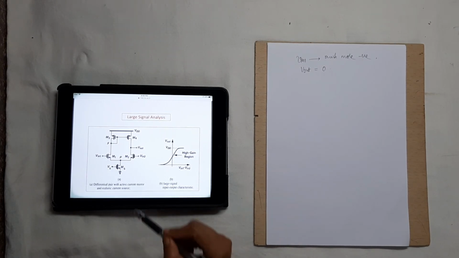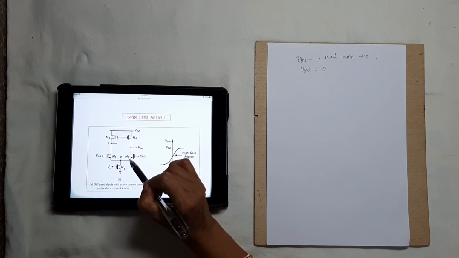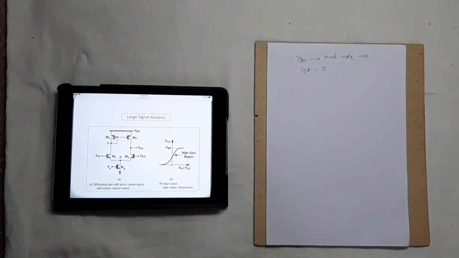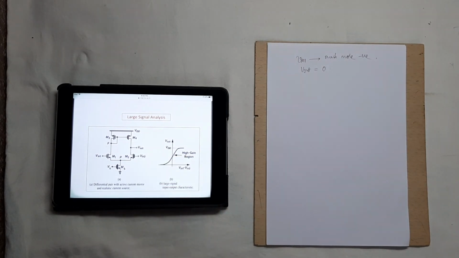Then the output voltage depends upon this current, that is the ID4 current, and this current, that is the difference of those two currents. The output voltage will be decided by the difference of ID4 and ID2. For a small difference between Vin1 and Vin2, both M2 and M4 are saturated. These two are saturated, providing the high gain.